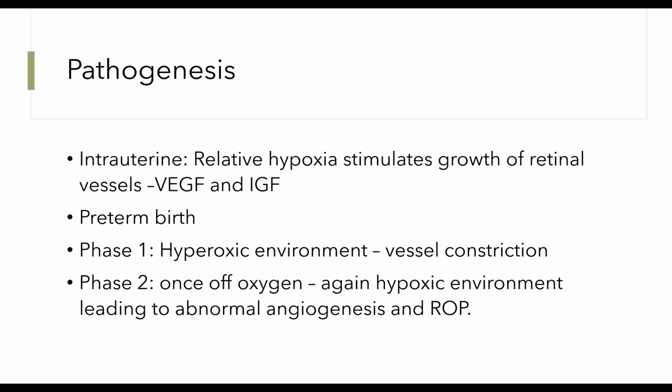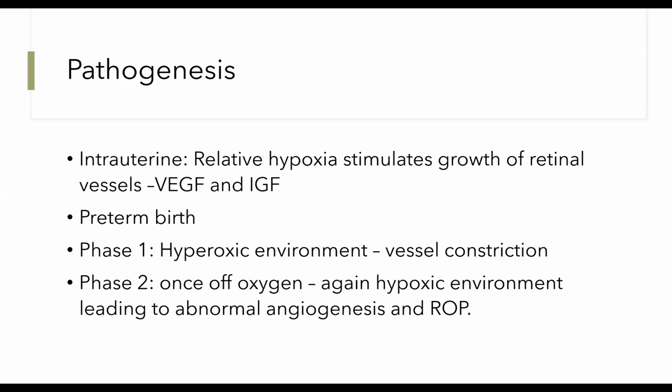Now when the baby is born premature, there is underdevelopment of the lungs, so we usually give the baby oxygen. Or even if oxygen is not given, the overall amount of oxygen in the air is high, the saturation is high, so it creates a hyperoxic environment.